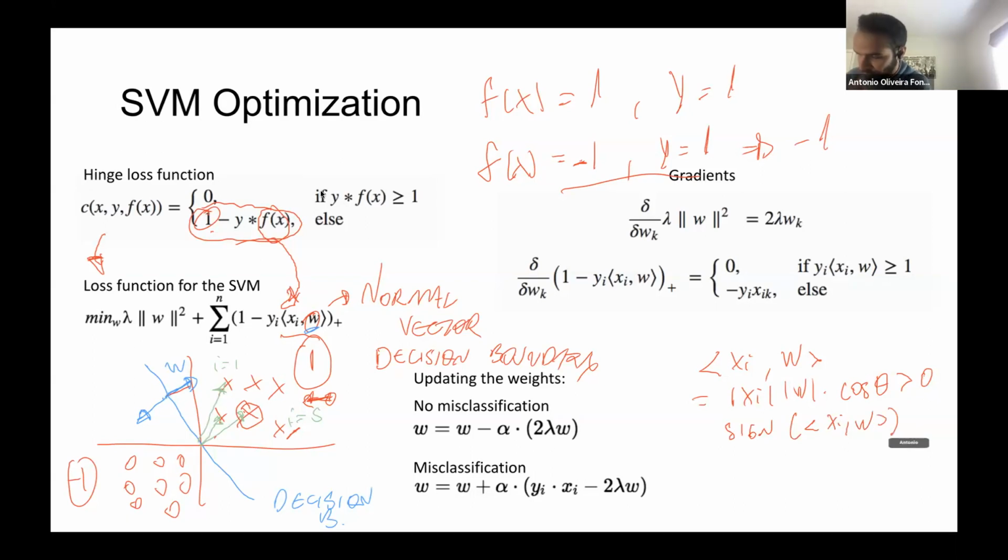Okay, so I perform the dot product between x, y, and w, and then I just get the sign of that. So the output of this is going to be either 1 or -1. If I have a positive value, that means they are both agreeing in the direction they are pointing to.